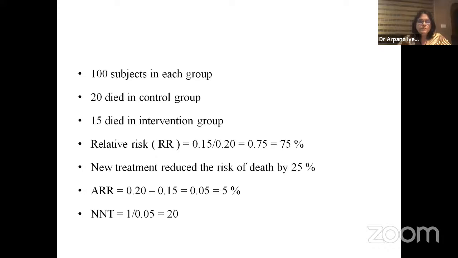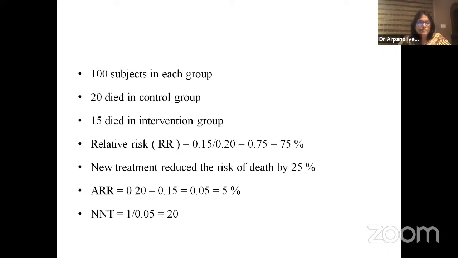That means the new treatment reduced the risk of death by 25%. So this is the relative risk. Absolute risk reduction is just the difference, and it turns out to be 5%. That means the new treatment we are planning to execute has only 5% of benefit.